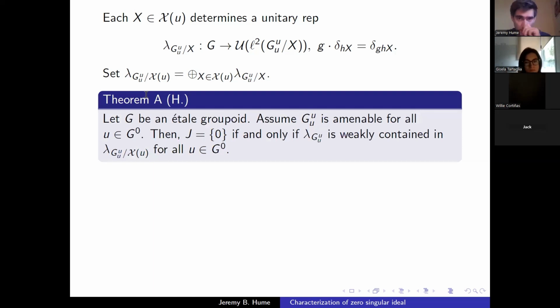So the first theorem I want to mention in my paper is a characterization of when the singular ideal vanishes when the isotropy is amenable. So let G be an étale groupoid and assume that the isotropy groups are amenable. Then the singular ideal vanishes if and only if for every unit, the left regular representation of the isotropy at that unit is weakly contained in the direct sum of all these quasi-regular representations associated to the subgroups that we defined above.